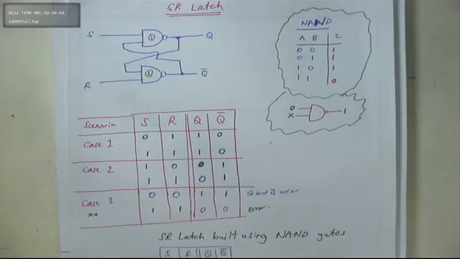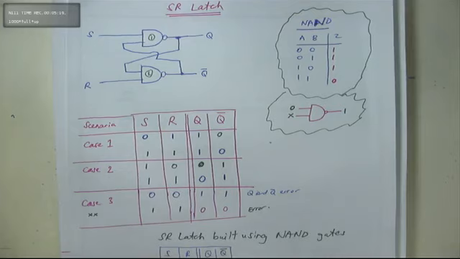No problems about it. With 1, 1, the answer keeps on changing, and basically it depends, but the only thing good about 1, 1 is it gives the output of whatever the previous output was. So it's basically memory.